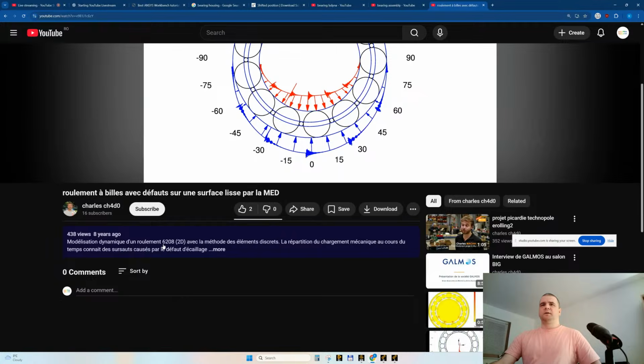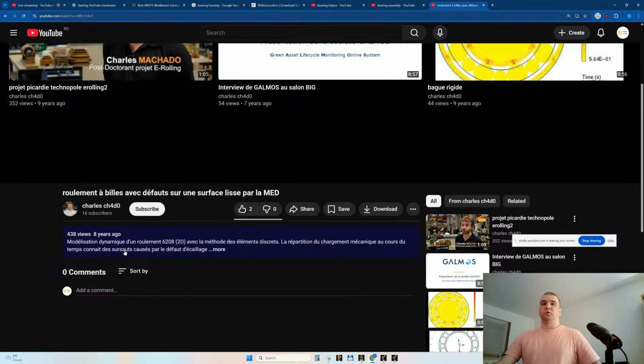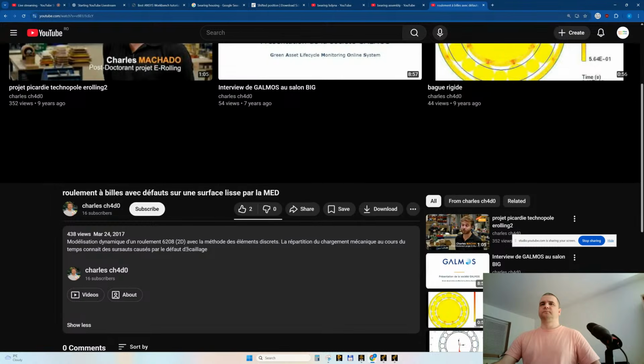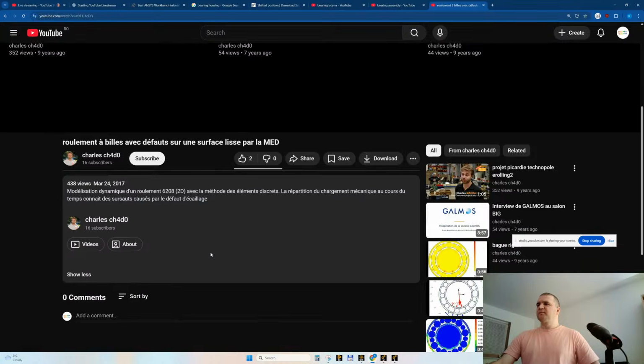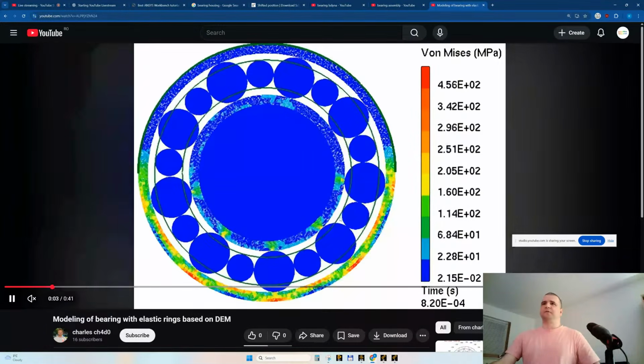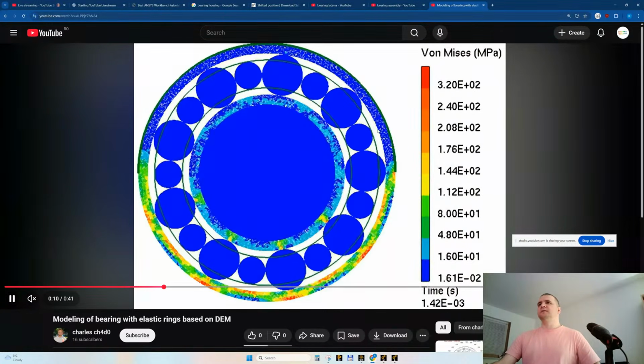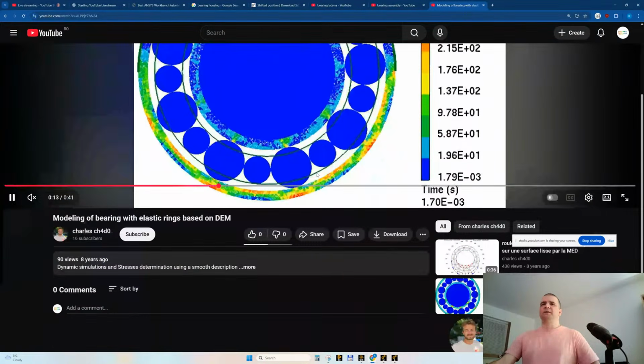Dynamic modeling of a 6208 2D bearing with the discrete element method. The distribution of mechanical loads over time shows peaks caused by the spalling defect in the race. Yes, because here he has some roughness, and these rough surfaces kind of simulate defects in the races. Pretty cute.